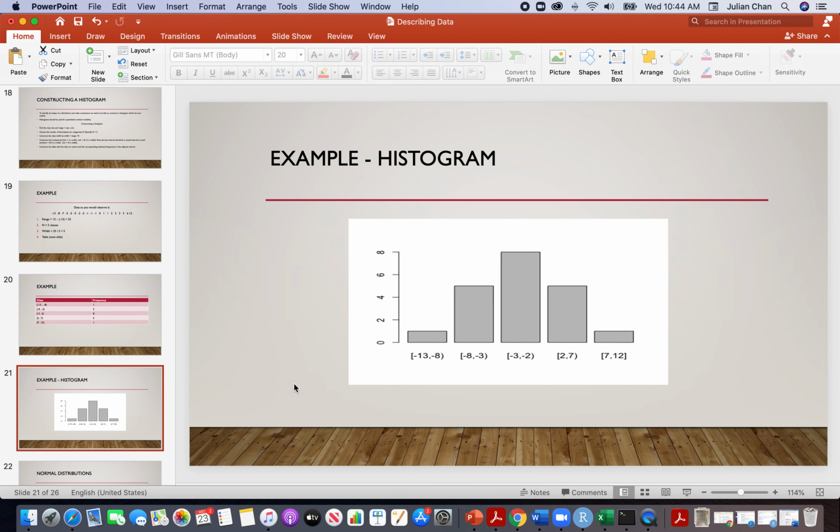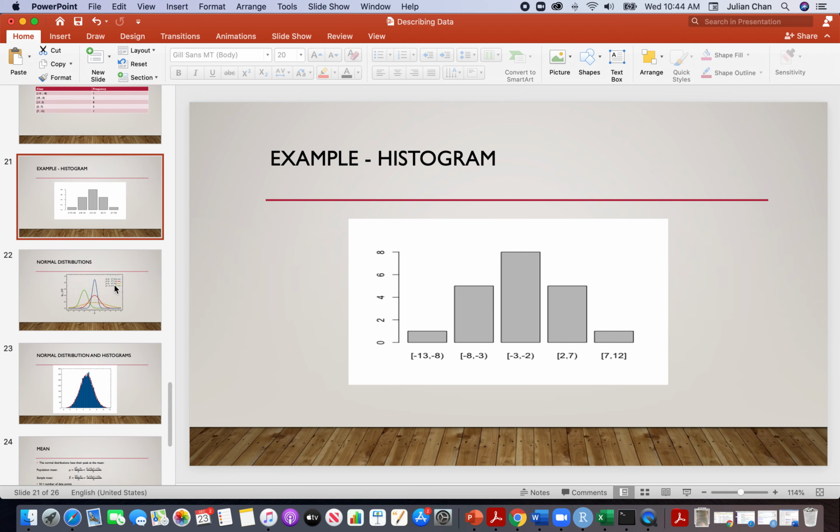And this is what it looks like. Here's an example histogram, okay? Now, this histogram looks like a normal distribution. It has that general bell shape. So I want to talk more about this normal distribution. It's also symmetric about the middle. It has a most common outcome.